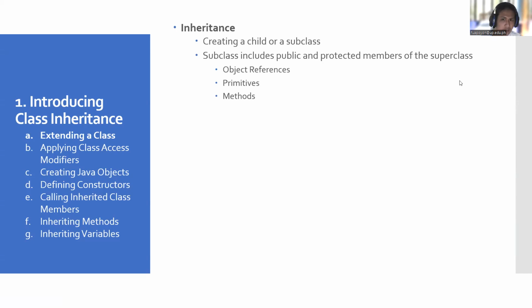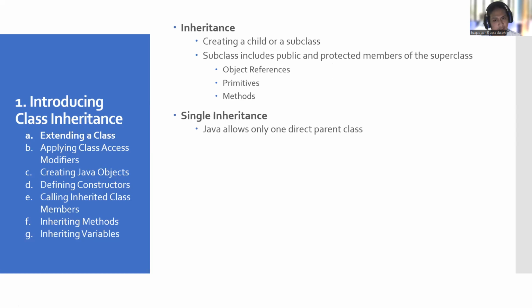So what does that mean? You have your object references and your primitive variables. You also have your methods. So these three, if it's public or protected, your subclass can access that member of your superclass. Okay. In Java, we only have single inheritance.